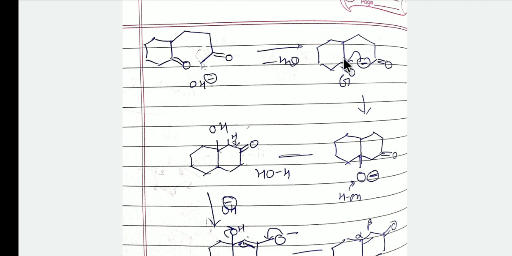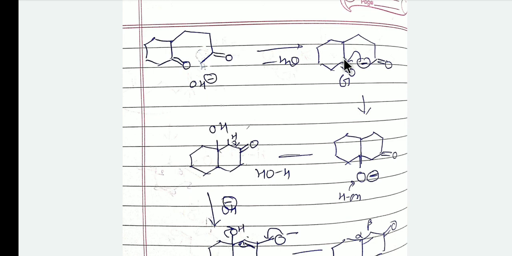We can say this is a carbonyl group, C=O. The electron of the CO group is displaced toward the oxygen atom, so oxygen becomes negatively charged and this carbon becomes positively charged. Here CH2 minus forms a covalent bond with this C plus.